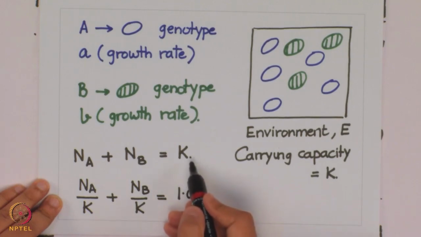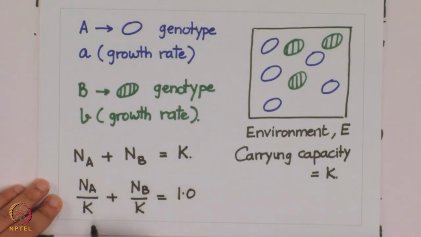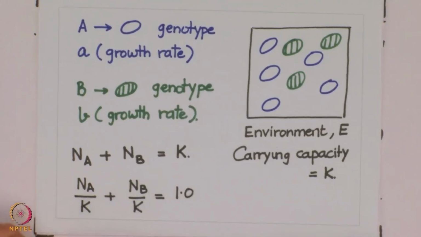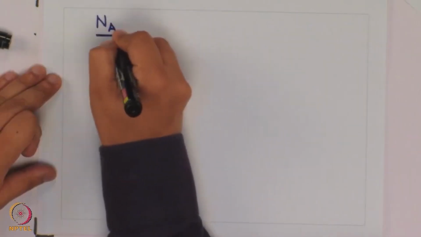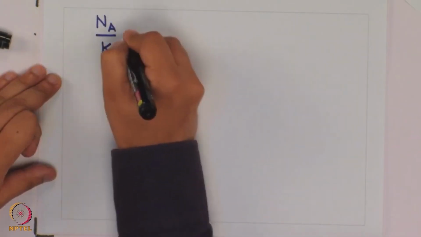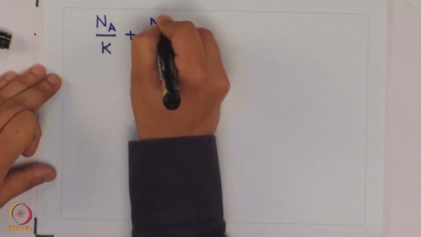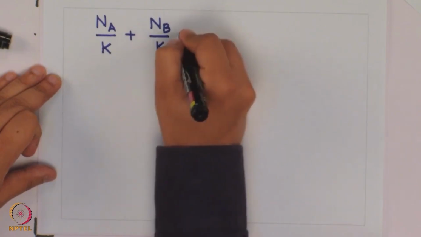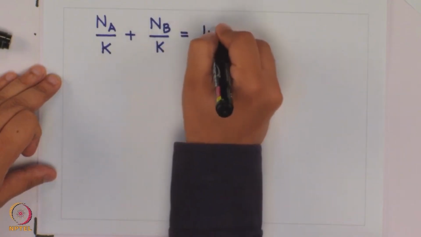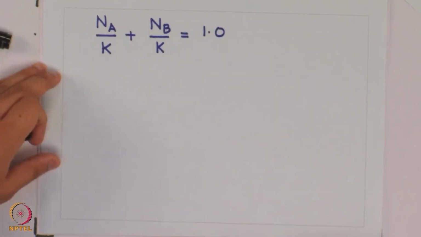I have just taken K to the other side and arrived at this relationship. So, let me rewrite that equation again. In this two bacterial system, the number of individuals when added up for both types equals K, and I can rewrite that equation as Na by K plus Nb by K equals 1.